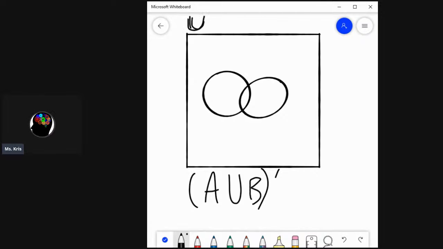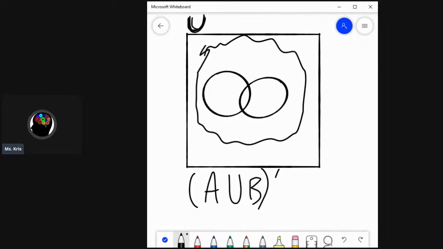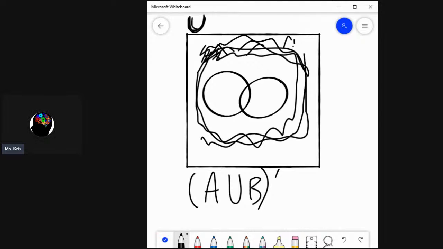So the complement of A union B means everything except the union of A and B. That means all of this will be shaded, and A and B will be empty, meaning it won't be shaded, it will be a blank space. And the intersection would be a blank space too, because the complement of their union is everything that is not in the union.